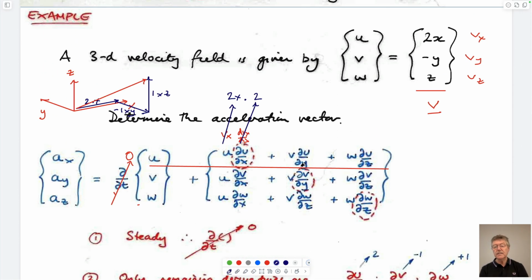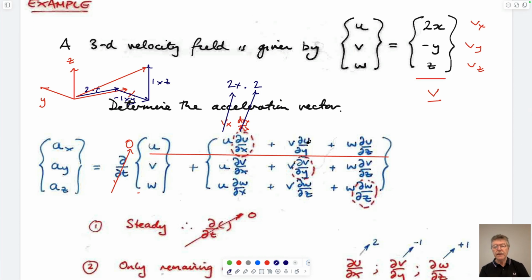And likewise, these off-diagonal terms are all zeros because Vx only has a component in the x direction, so it doesn't change at all with y. So this has to be 0, and this has to be 0 as well. In fact, if you take Vy and differentiate with x, it's nothing, right? So it doesn't change with x.